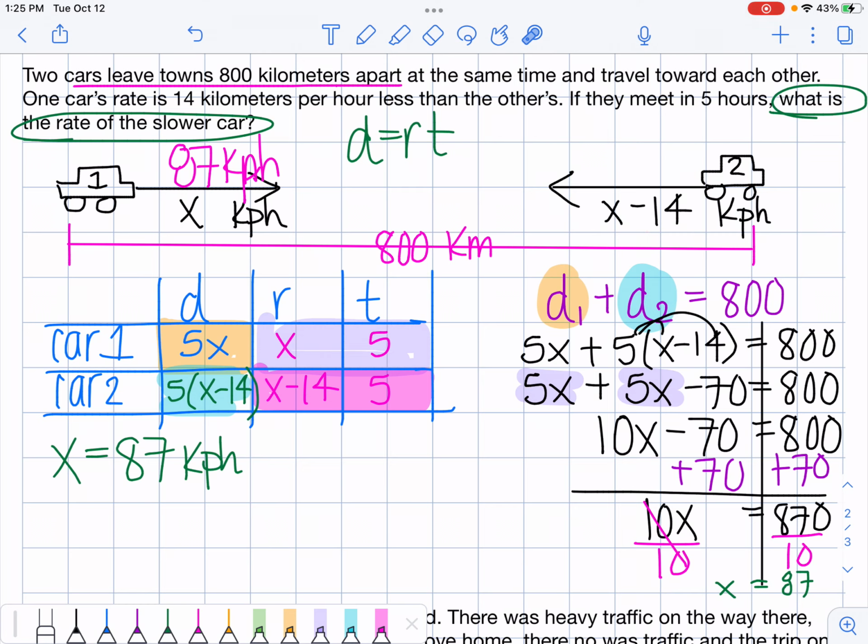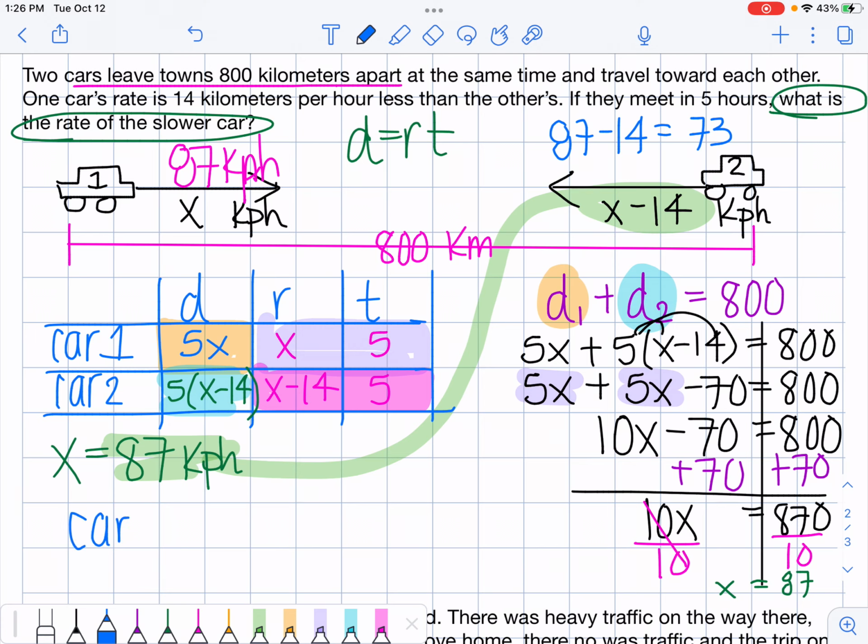So I have to take this 87 and plug it in here to figure out the rate of my slower car. So I have to say that this is 87 minus 14, which gives me 73. So that means that my slow car, car 2, is equal to 73 kilometers per hour.